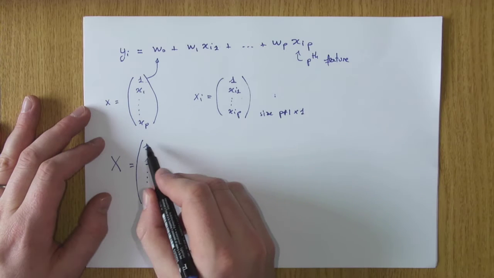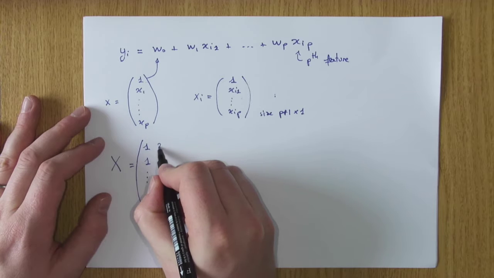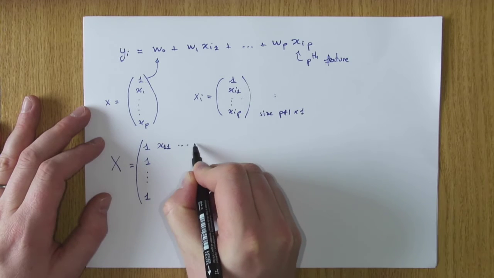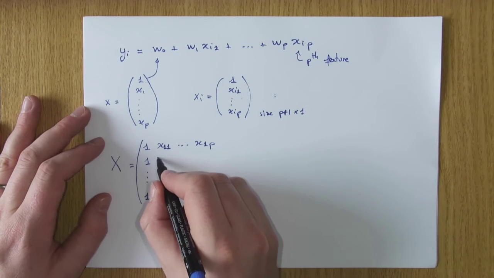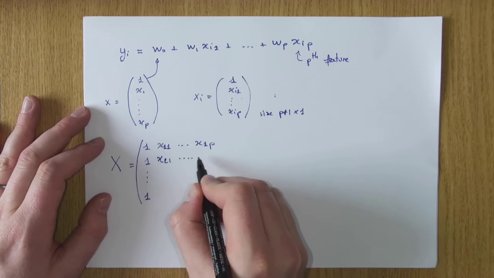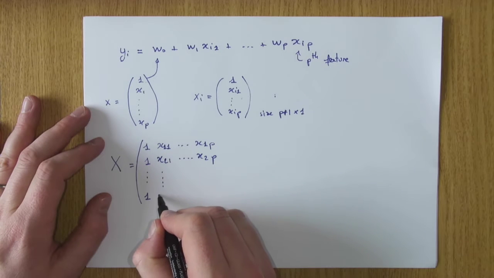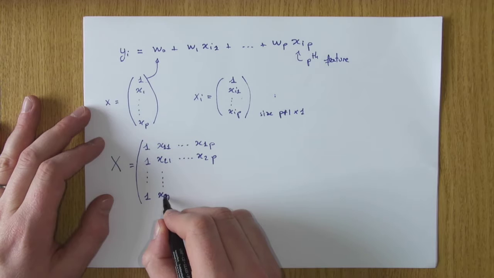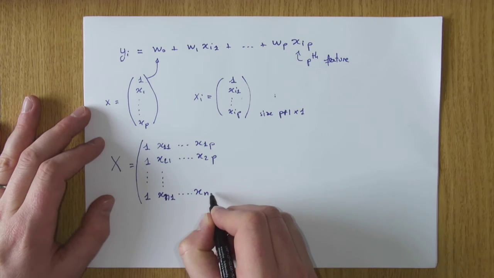You have all the ones on the first column, and then you have x11 to x1p, and then you go down here to x21 to x2p, and you keep on going to xn1 to xnp.